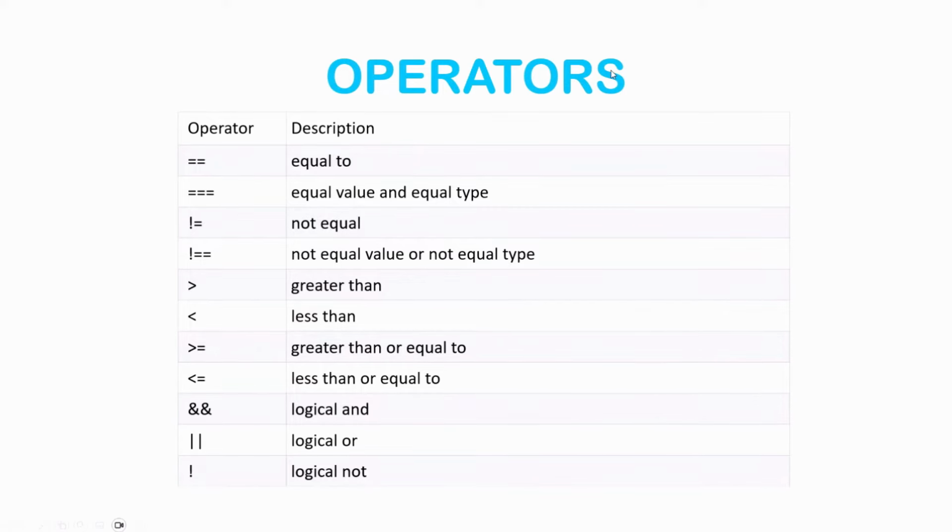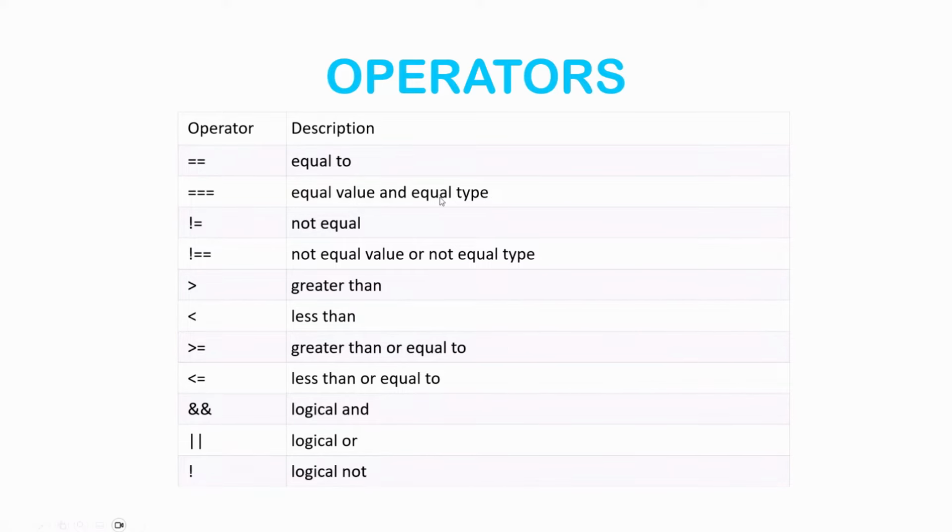Perfect. So what we're going to treat next is operators. I'm not really going to stress about all of these. I just want you to know them because we're going to be using them when we start treating functions and concatenations and all that. So this operator, in the description, this one is equal to, then this one, introduced in ES6, equal value and equal type.